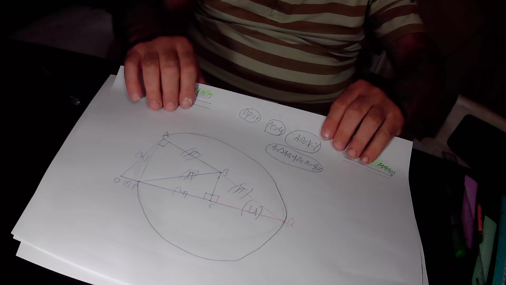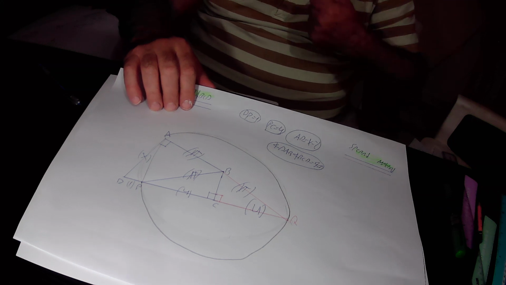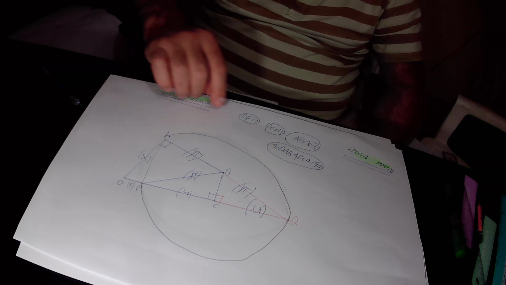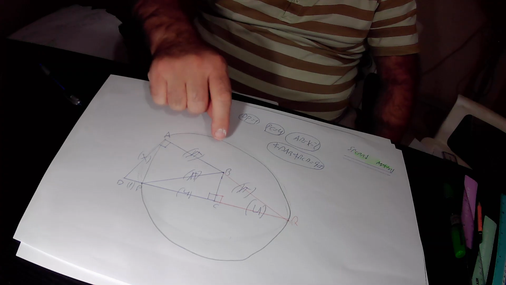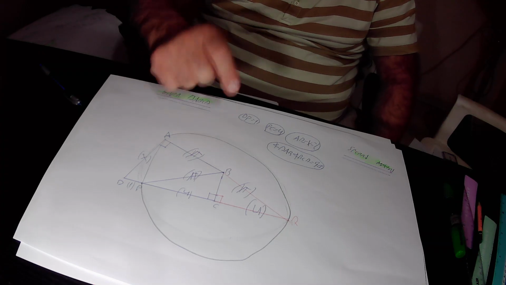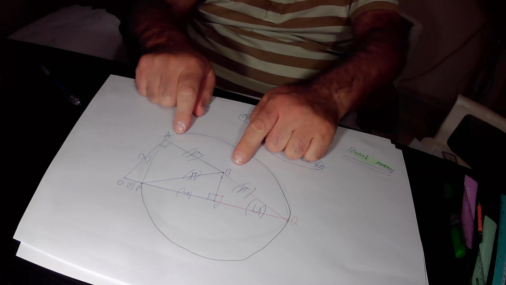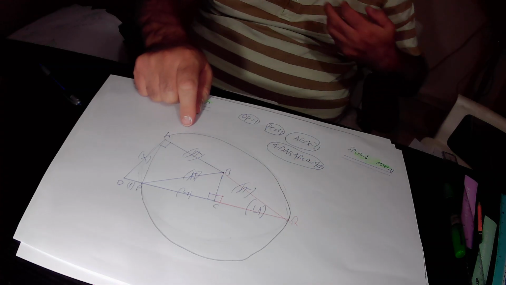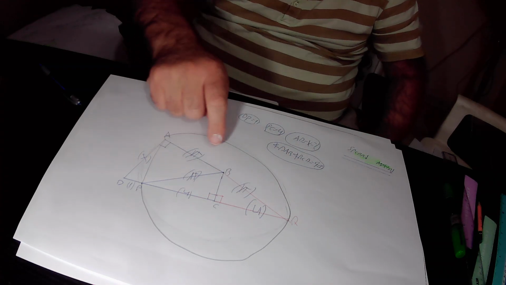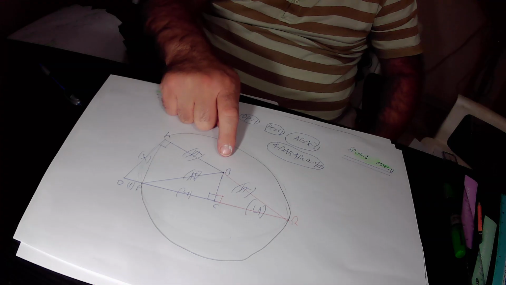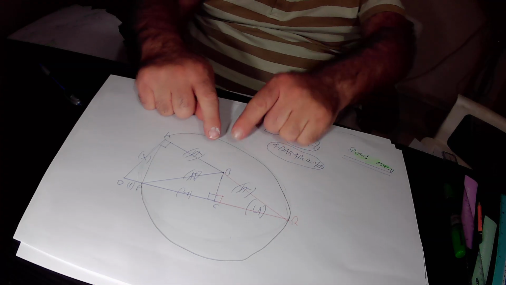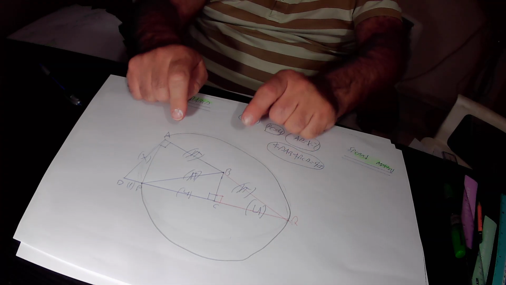So in the next step, we do the construction. We draw a circle around point B in such a way that point B is the center of the circle, and AB is the radius of the circle.